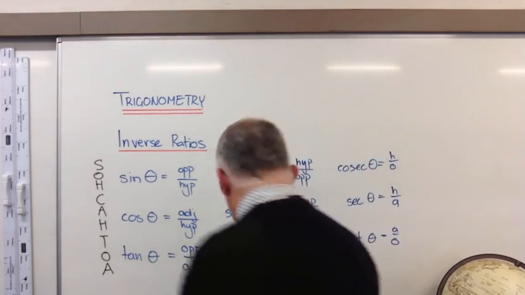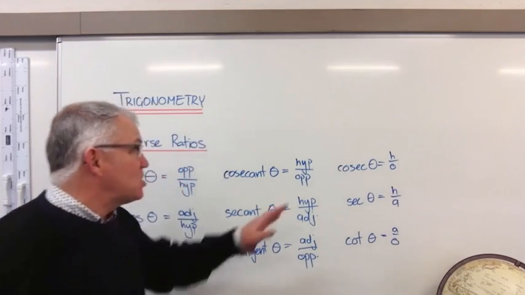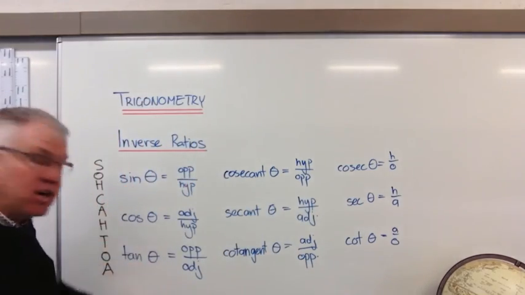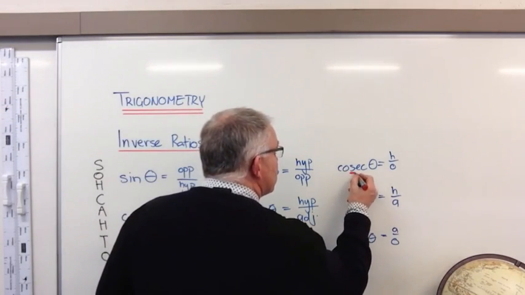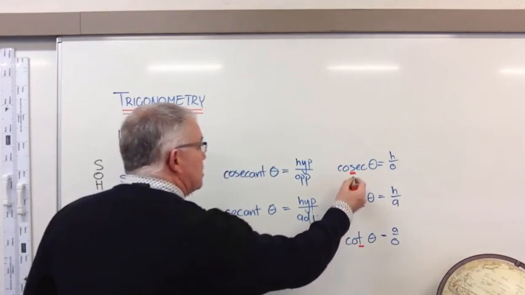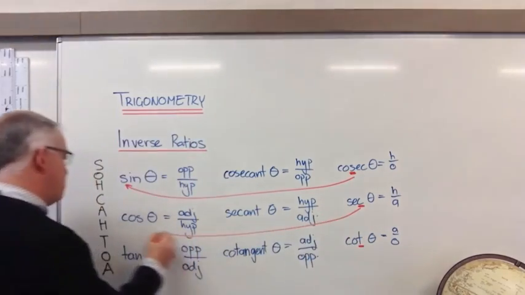Now, the thing that I use to help me remember which of these goes with the sine, cosine or tangent ratios is this: if you look at the third letter of each of these words, the third letter matches up with the ratio that it came from.